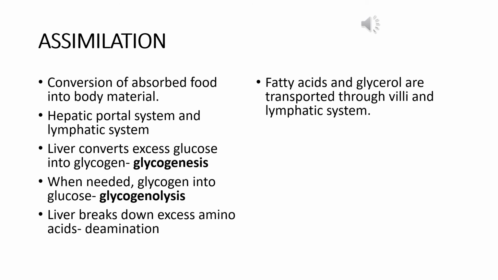This process is called glycogenesis. And when our body needs that glycogen, the liver converts that glycogen into glucose by the process glycogenolysis. Lysis means breaking. So lysis means breaking of glycogen into glucose, so that glucose can be used by our body again.